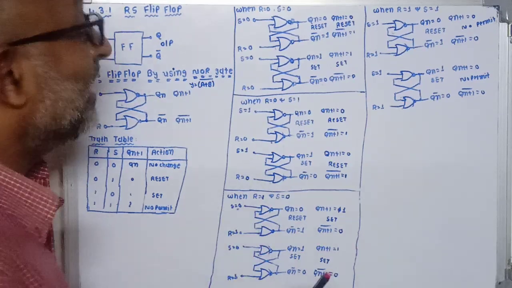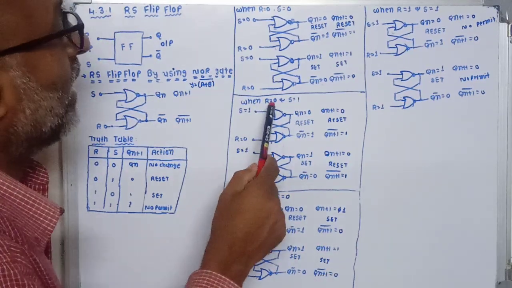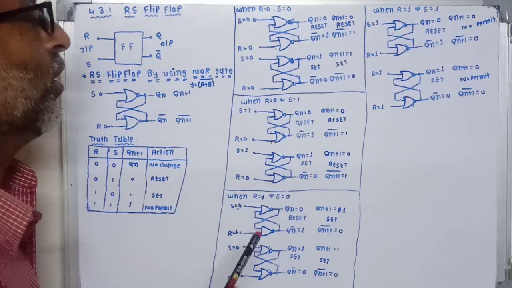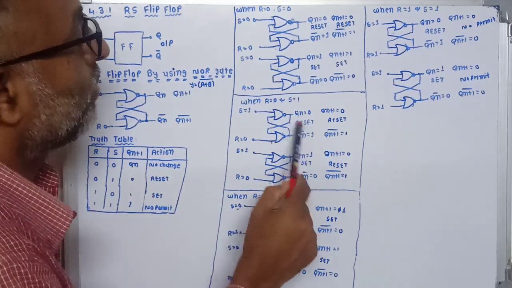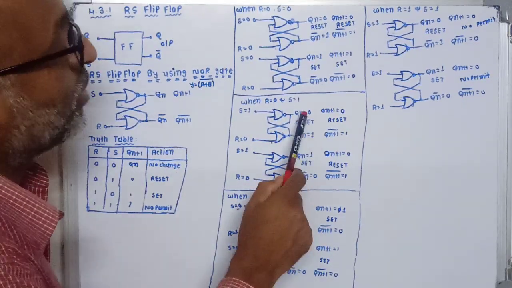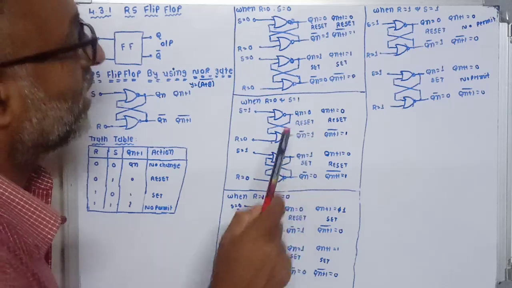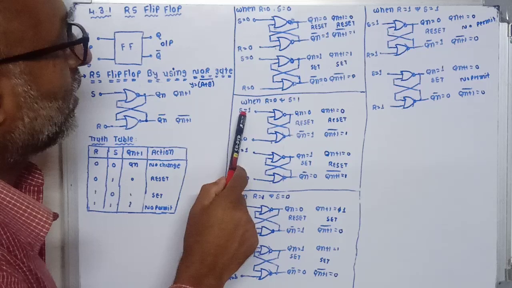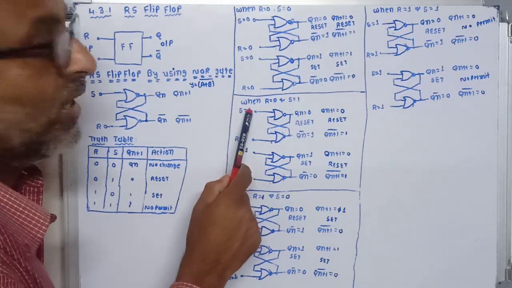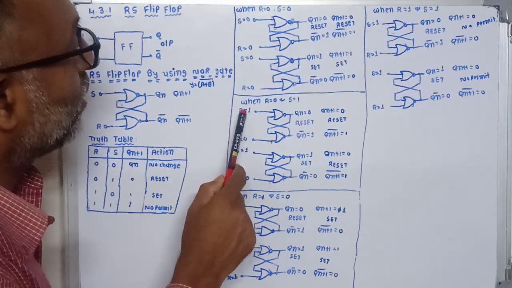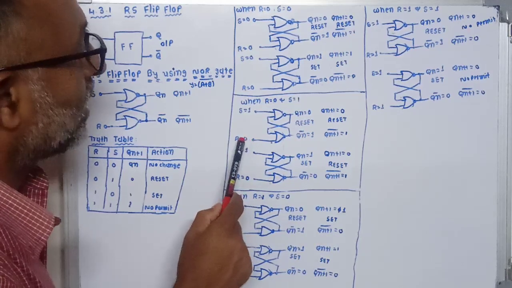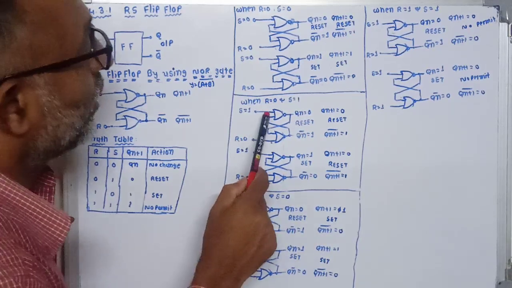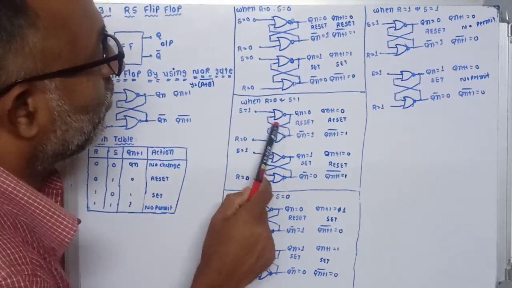Now if we take another condition, when R is equal to 0 and S is equal to 1, and initially our flip-flop is in reset condition, that means Qn is equal to 0 and Qn bar is equal to 1. Now when 1 is applied to the set terminal and 0 is applied to the reset terminal, you can see that 1 and 1 are available.